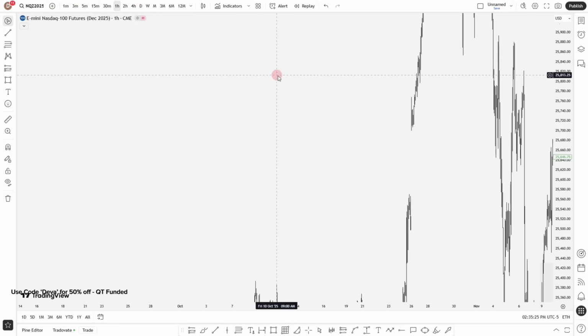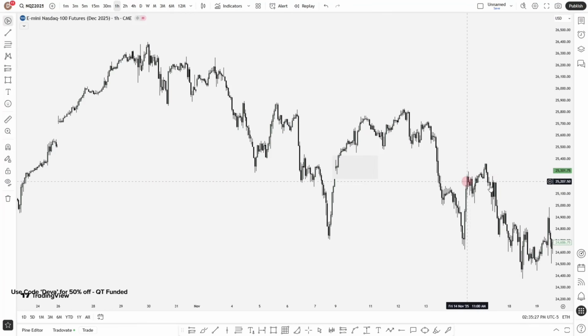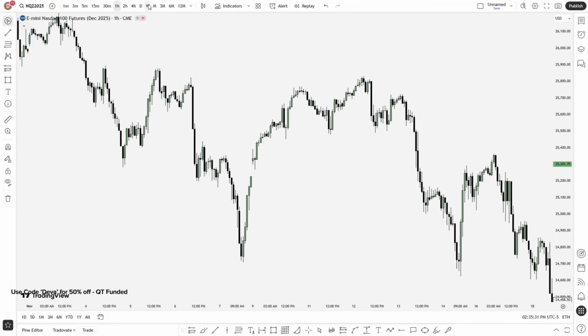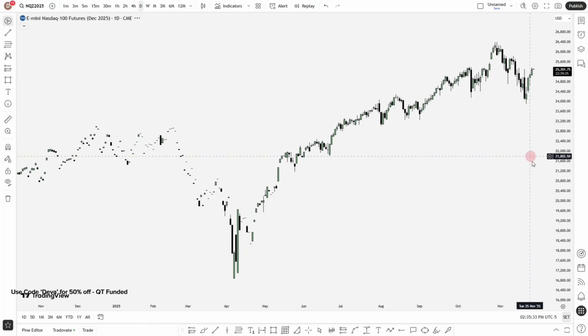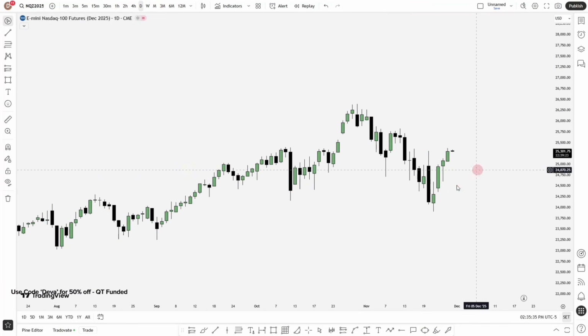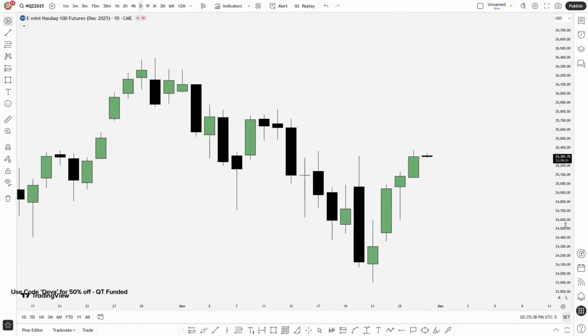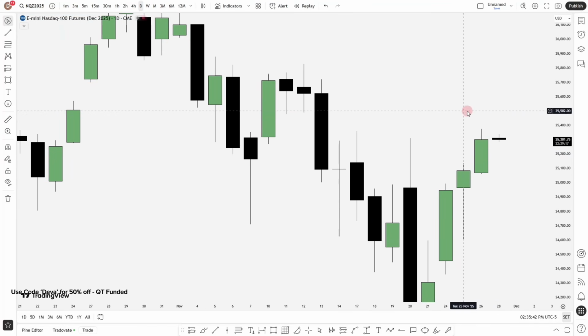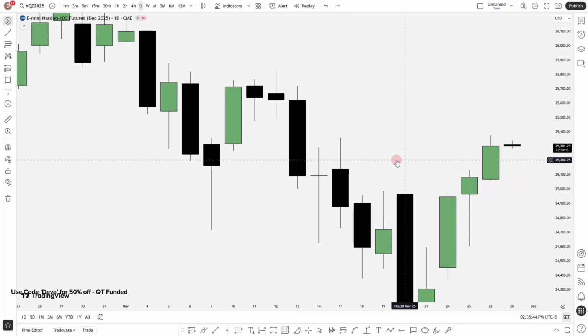Okay, so if I just go to the H1, yeah, so let's look at the top-down analysis with the continuation purges. Okay, so all we need is the internal range liquidity or external range liquidity, right?